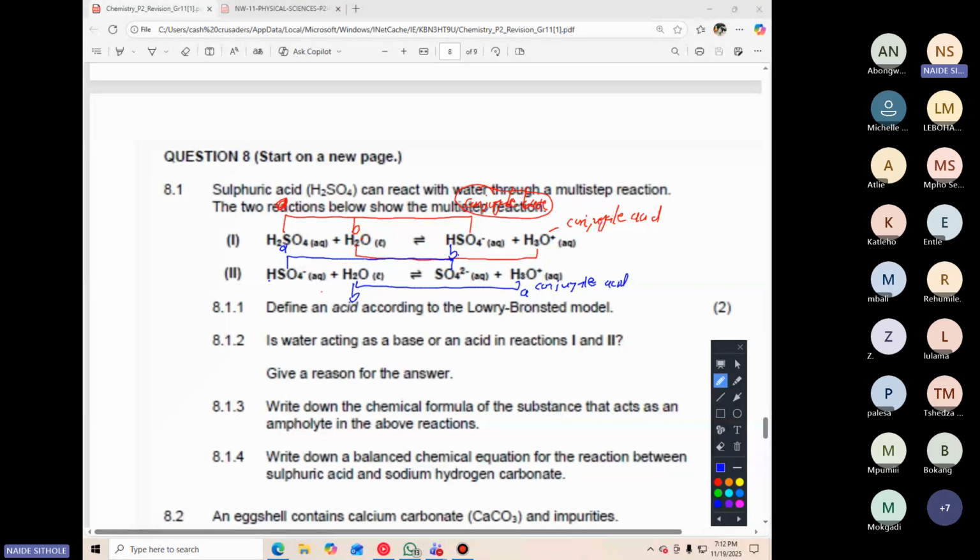But for as long as it maintains the same role, do you see this? Water is maintaining the same role in reaction 1 and 2. It acts as a what? Which is the answer that we have here. Is water acting as a base or an acid in reaction 1 and 2? We're going to say it's acting as a base. Right? Give a reason for the answer. It accepts a proton.